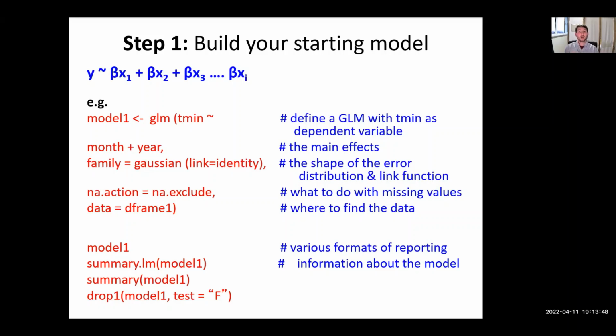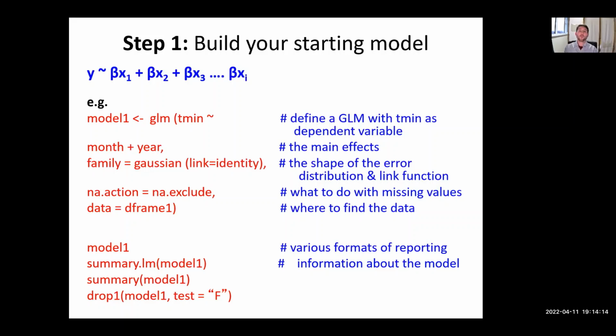The family equals Gaussian is what I was saying before. We are expecting a normal distribution of residuals, and we'll see why that might be in a second. And we're expecting a straight line relationship between the x variables and the y variable. And so that's why we have this link equals identity. That means a straight line relationship between the y and the x variables.